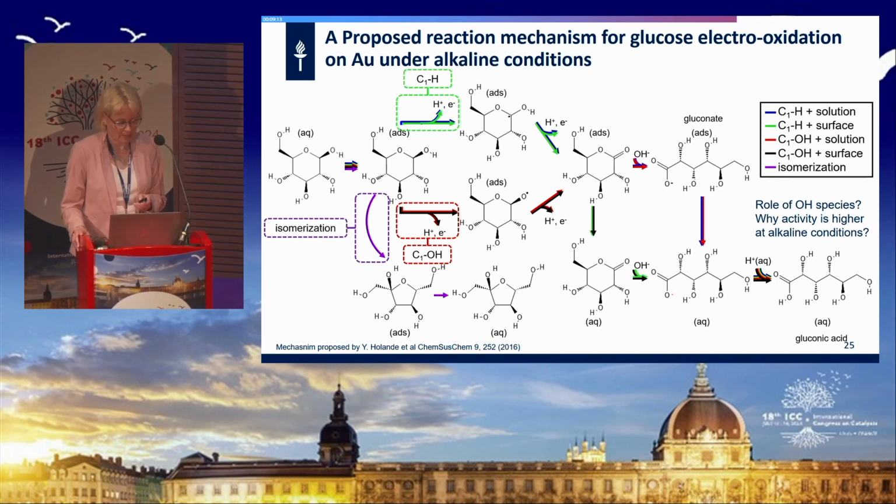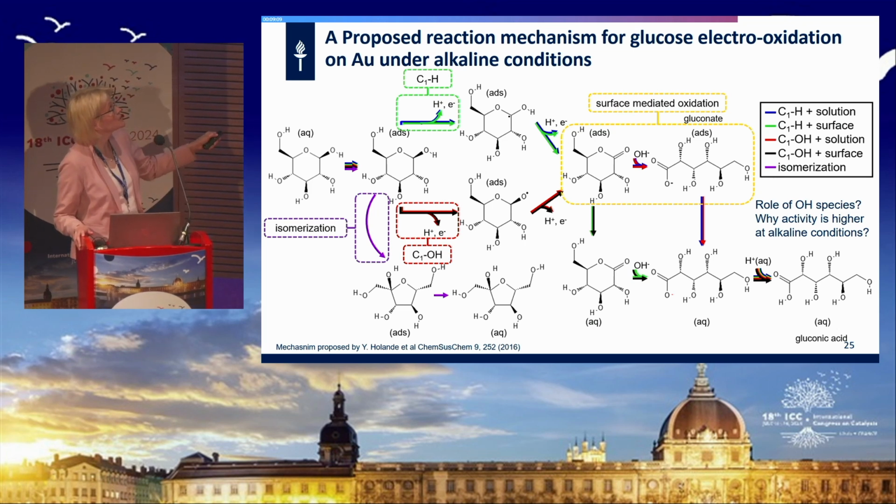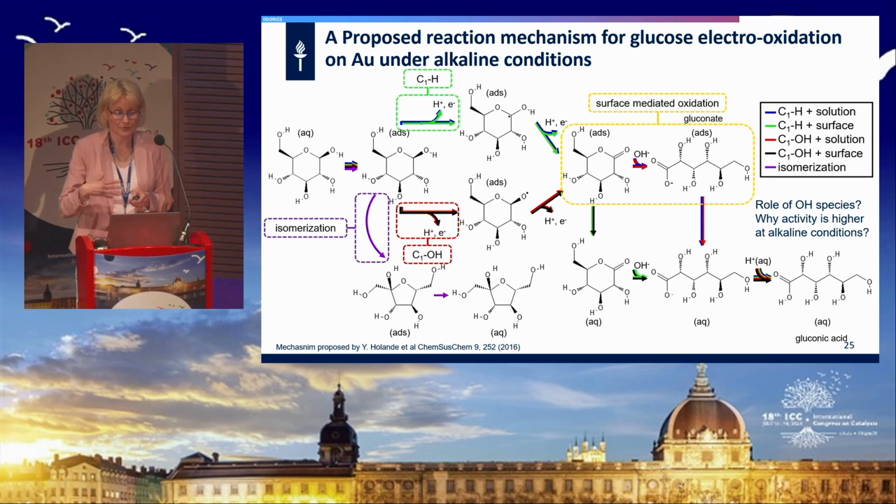But anyway, you will end up with gluconolactone, which is this species here, which can either oxidize on the surface in a surface-mediated process to gluconate, or it can desorb to the solution phase and oxidize there. And then the final step to gluconic acid takes place in the solution phase.